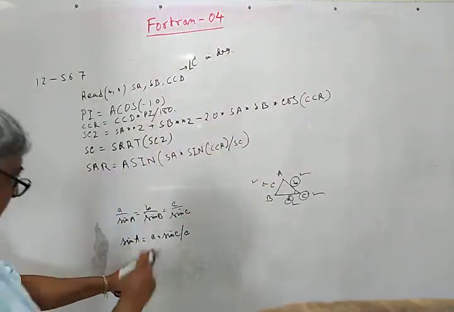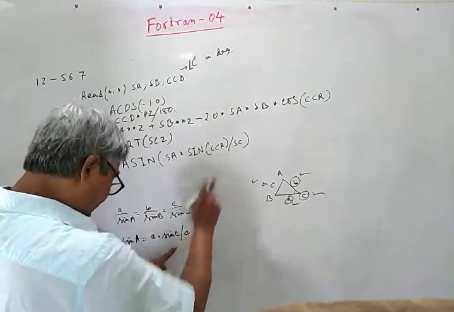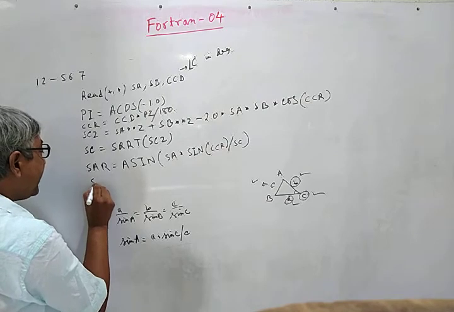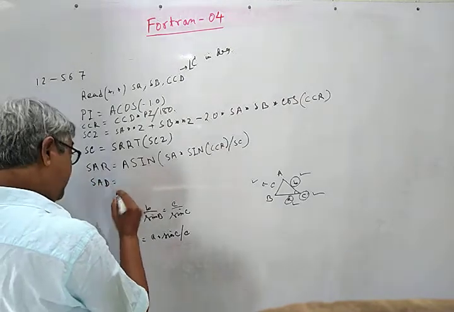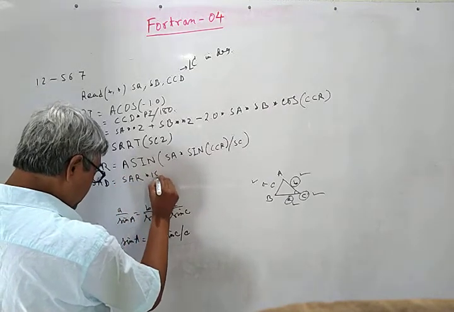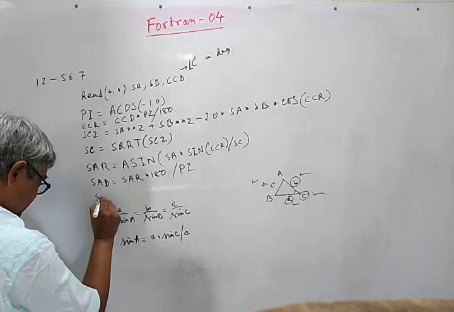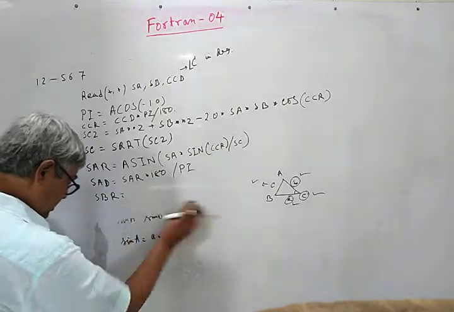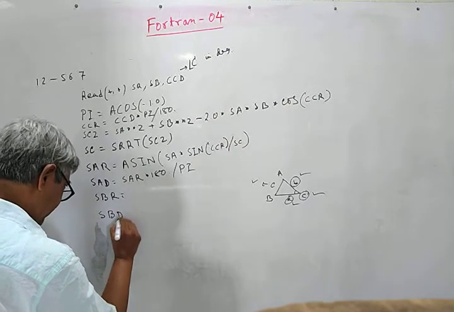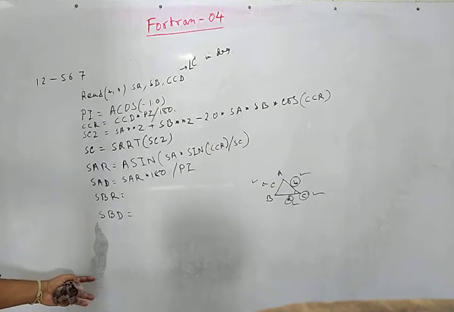You see, I have written this is small a, this is sine of capital C in radian divided by the small c, and similarly SAD is equal to SAR times 180 by pi, and similarly SBR, and then from SBR we can calculate SBD in a similar way, and you then finally write the inputs and the three outputs that you have calculated.